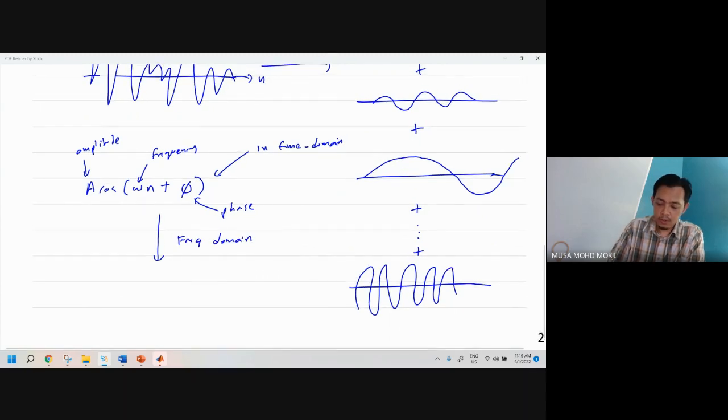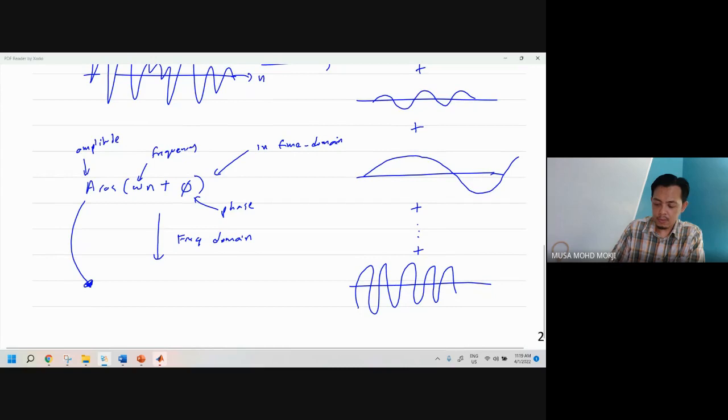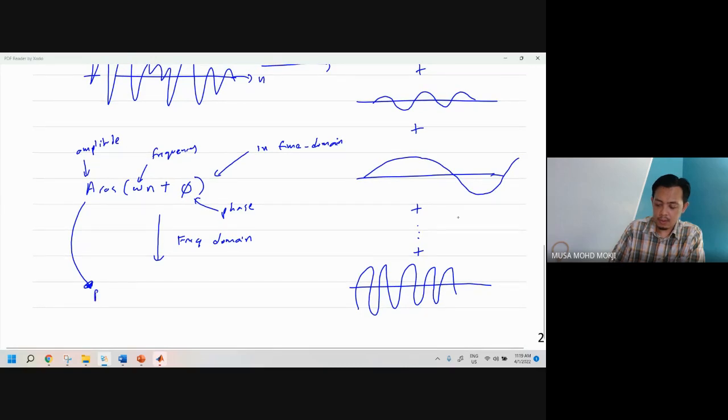So that A is proportional, or in simpler words, this is shown by the magnitude response.